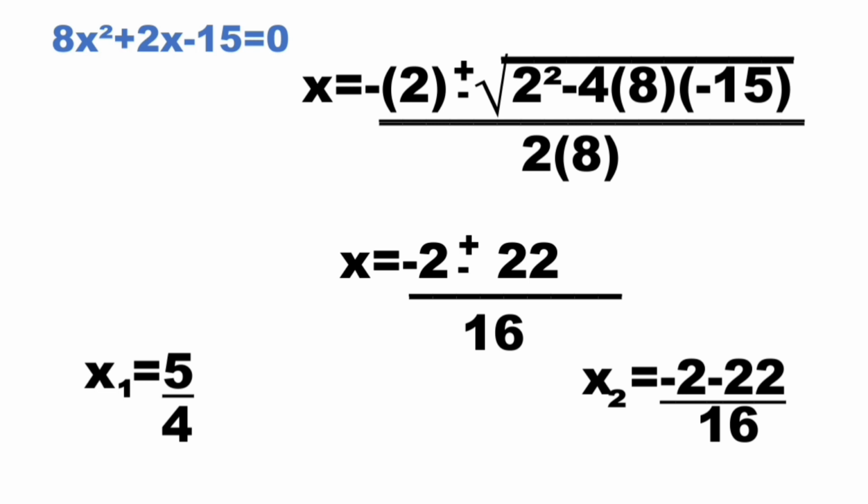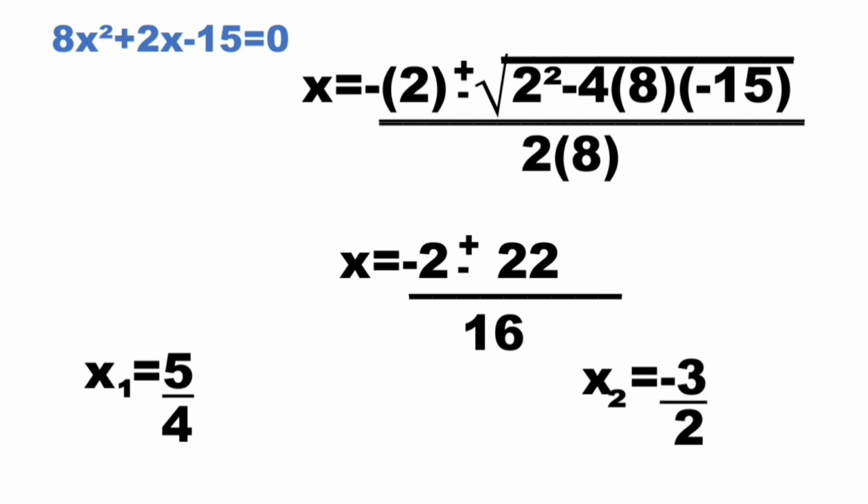And for the second value of x, negative 2 minus 22 is negative 24 over 16. The fraction is divisible by 8, so to reduce to its lowest terms, we have negative 3 over 2.